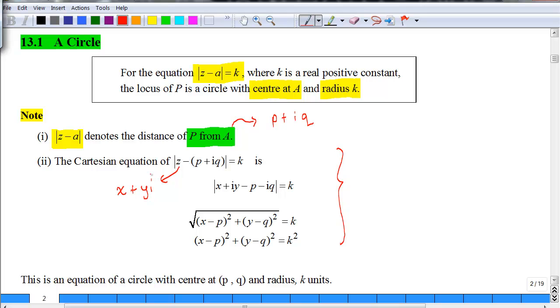Putting that into the equation, you can arrive at this equation, which is indeed the equation of the circle with center (p, q) and radius k.